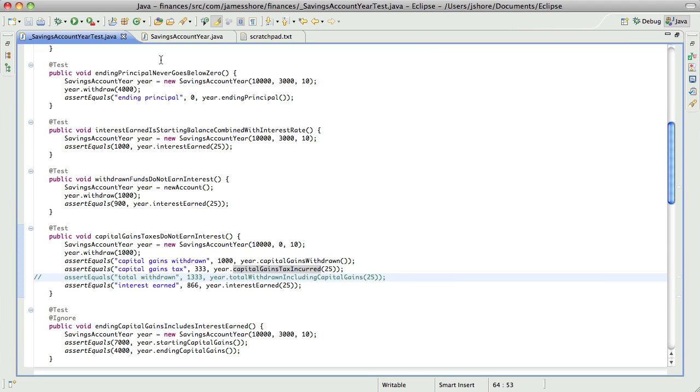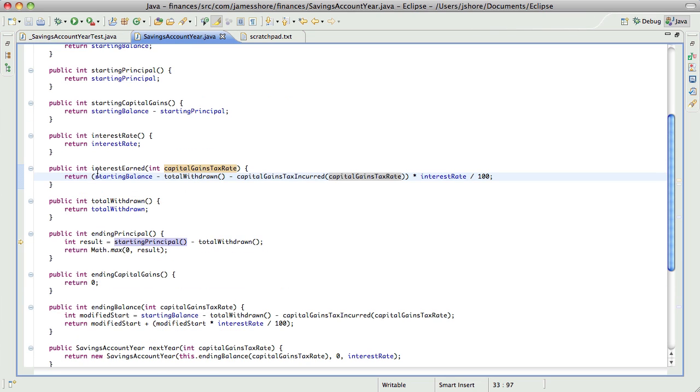I believe what that means is now that we've got this interest earned calculation, we can say that the ending balance is simply equal to the starting balance minus the total withdrawn. Well, we can say it's equal to the modified start plus the interest earned.